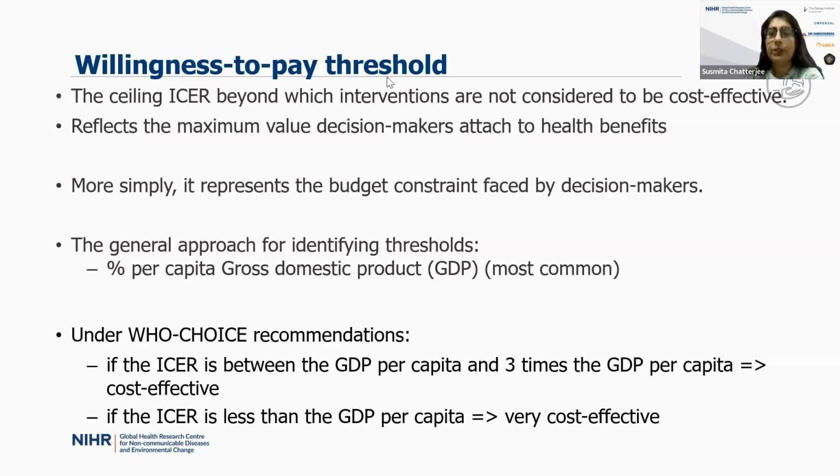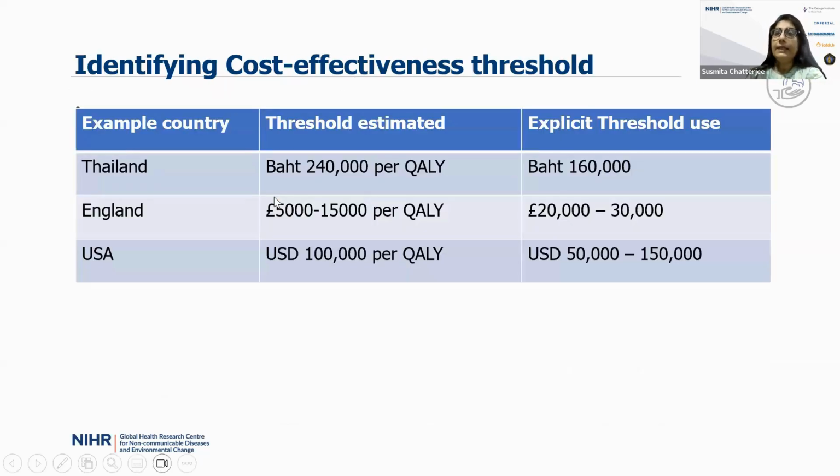And the most common thing, as I say, people do only this. But then several countries like England, Thailand, USA, they tried to calculate. The problem is that GDP per capita, of course, is not always the correct thing to report, right?